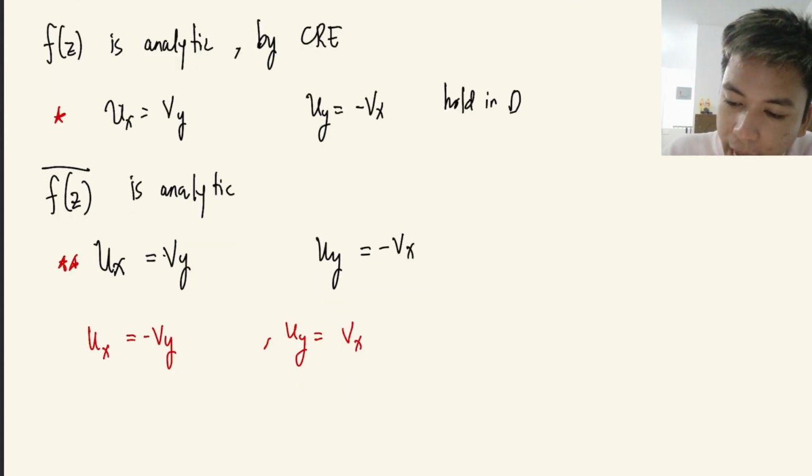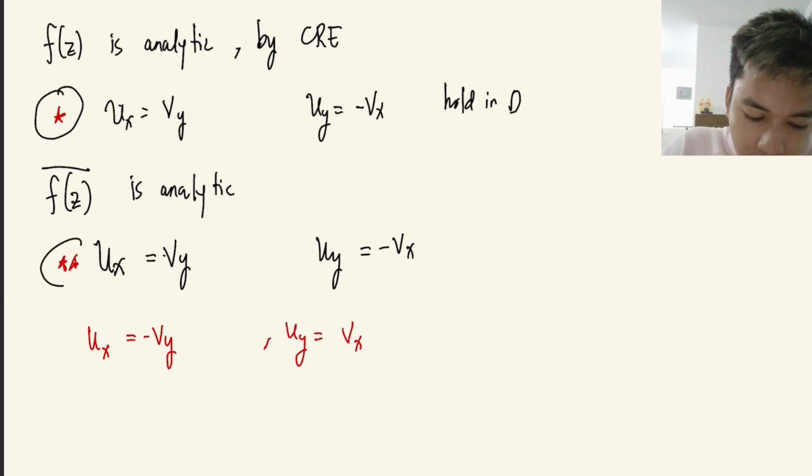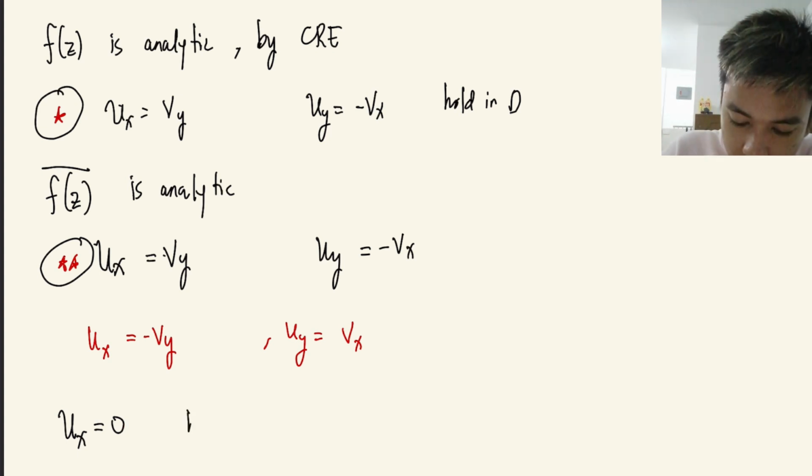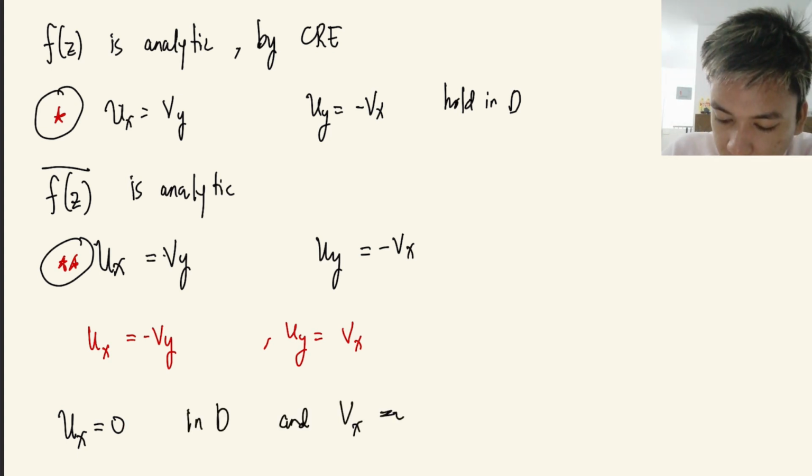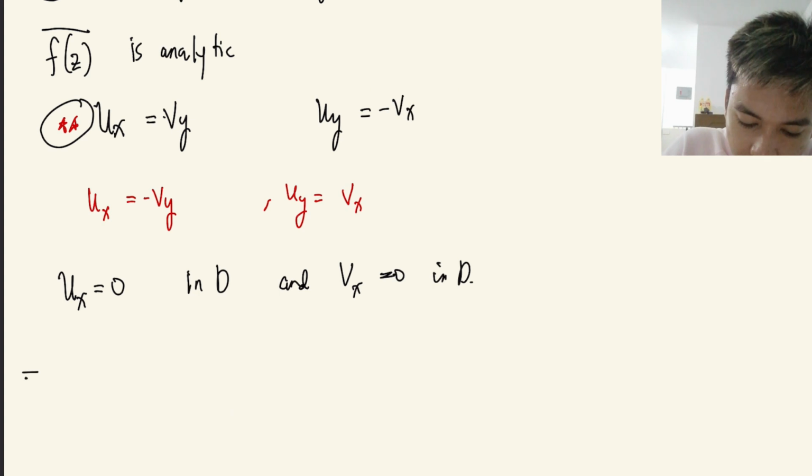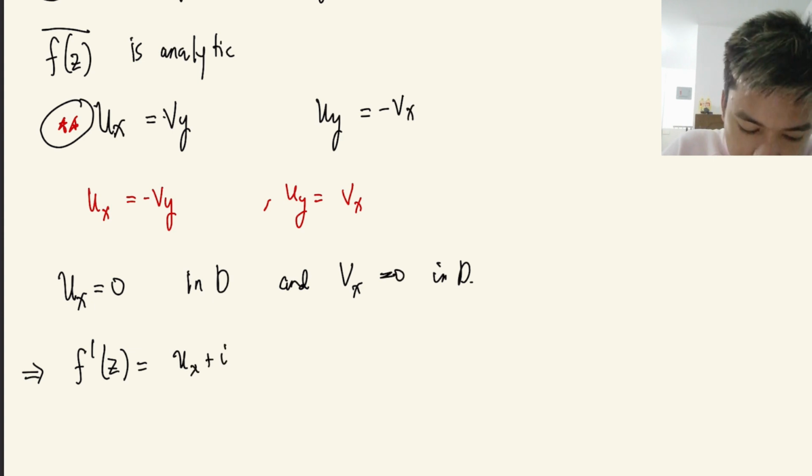And so if I add this equation here and this equation, I would get the result as u sub x equals 0 in D. v sub x is also 0 in D. So this means to say that f prime of z equals u x plus i v x.